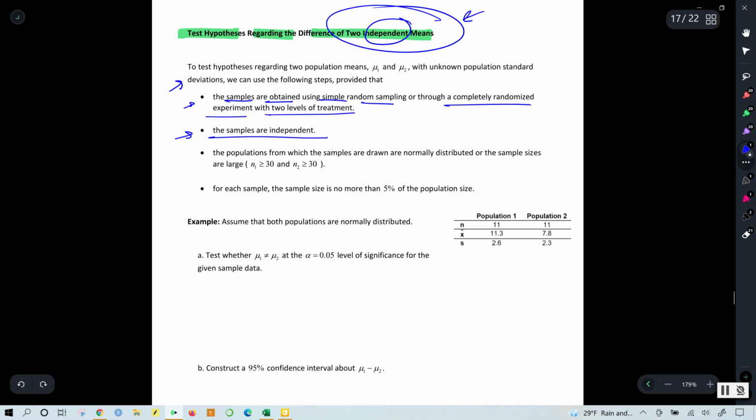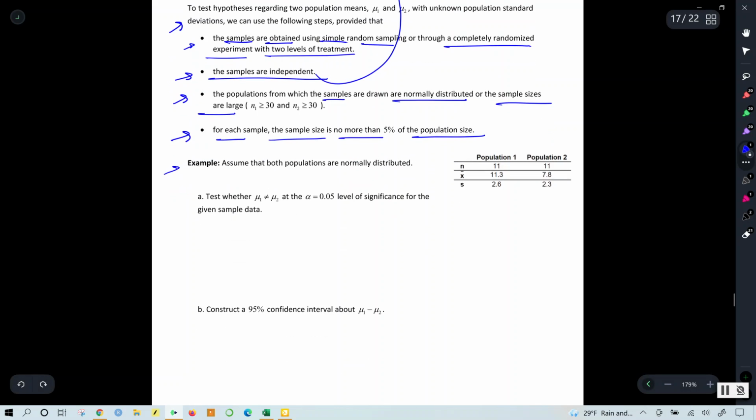Two, the samples must be independent, of course, since we are conducting a test of hypothesis regarding the difference of two independent means. Then the populations from which the samples are drawn must be normally distributed, or the sample sizes themselves must be large enough. And lastly, for each sample, the sample size must not be more than 5% of the population size.